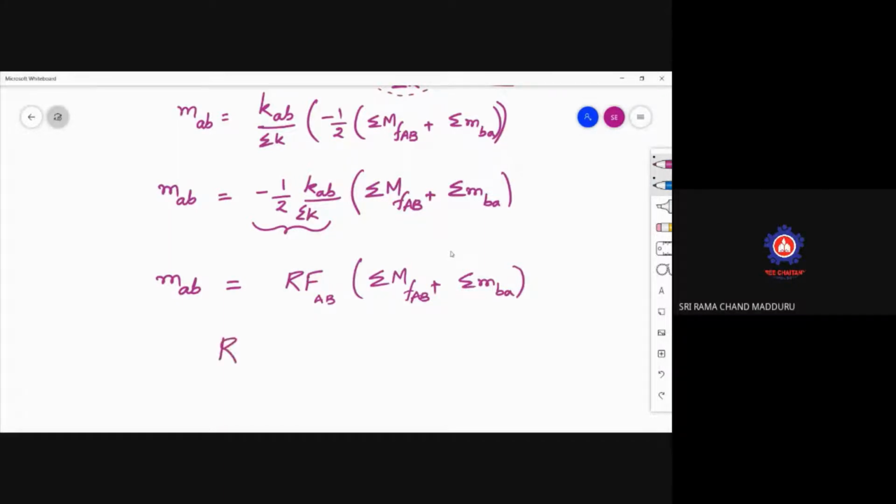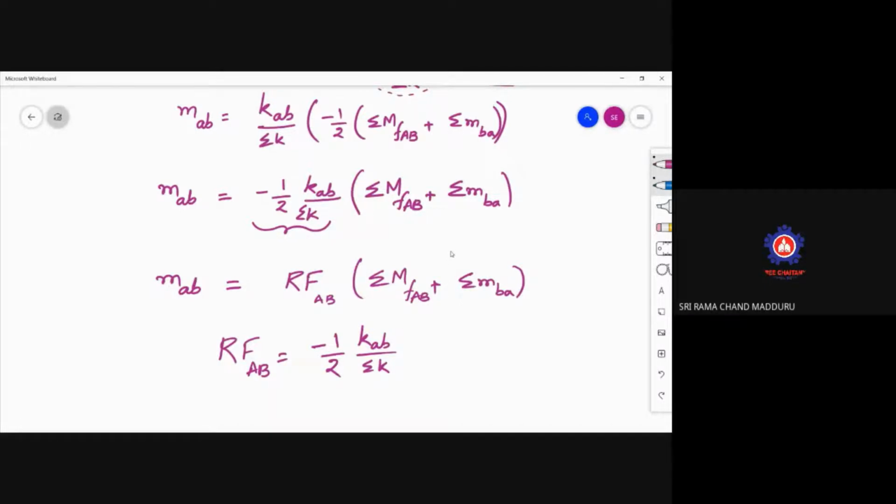The rotation factor RF of AB is equal to minus half of KAB by sigma K. KAB by sigma K is the relative stiffness of the member to the relative stiffness of the joint.